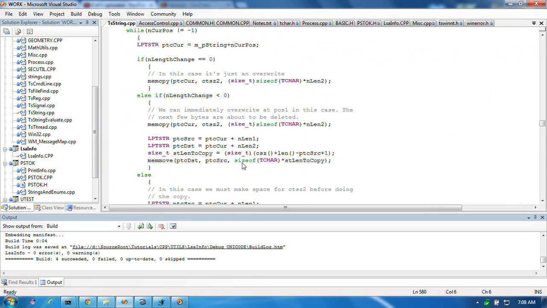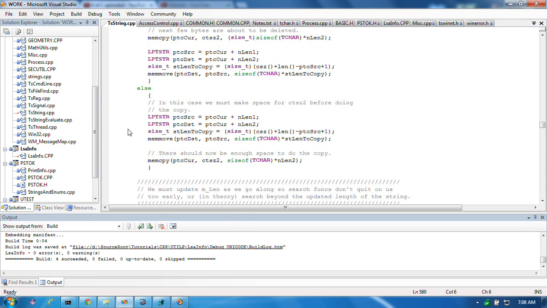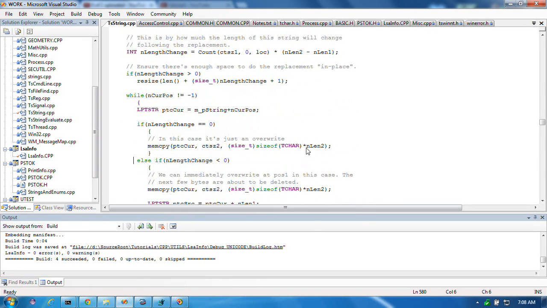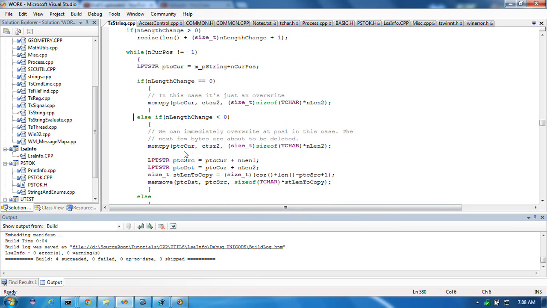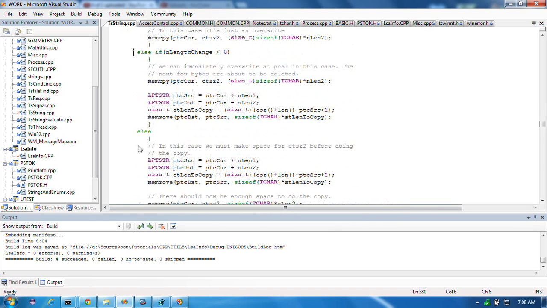So you have to make sure to multiply by the size of the object type. One of them was correct, and that must have been the one case I tested, and none of the other ones had this multiplier, and so they weren't working.